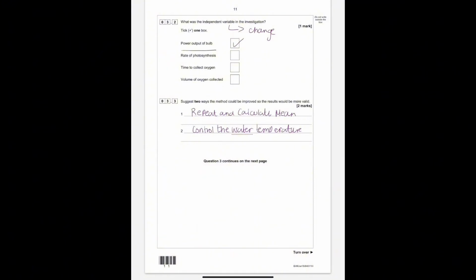And you can also write down control the distance of the bulb from the pondweed, control the mass of the pondweed, and repeat to eliminate the anomalous results. Okay, and I've written down control the water temperature, which is fine. Okay, so that will get you 2 marks.